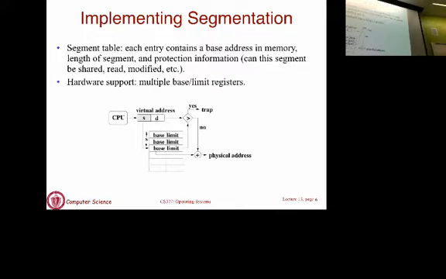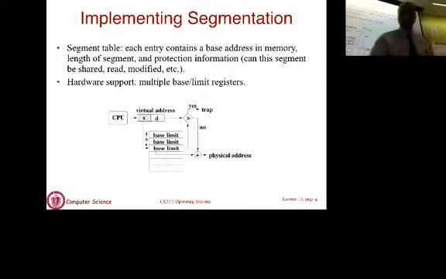You have to address the process relative to the start of each segment, not relative to the start of the process itself. That is what that first bullet said: you have to generate for every virtual address a segment ID. Which segment are you trying to address, and then what is the offset within that segment. That's really what we are doing here.